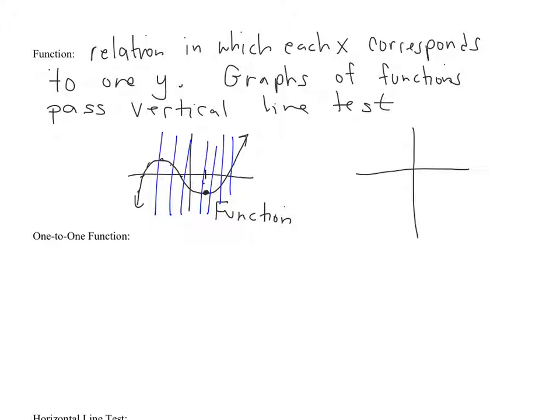Something that wouldn't be a function would be something, say, like a circle. So if I take this value here, this x, then this x actually has two y's for the same x. If we call this x1, this could be 1, 1, and 1, negative 1. So this is not a function.